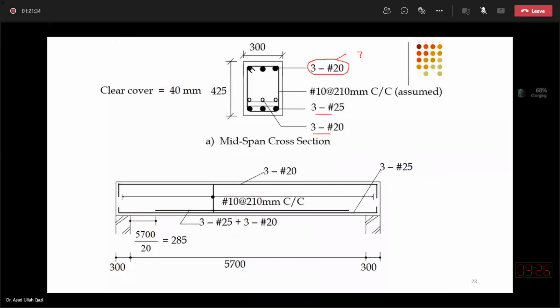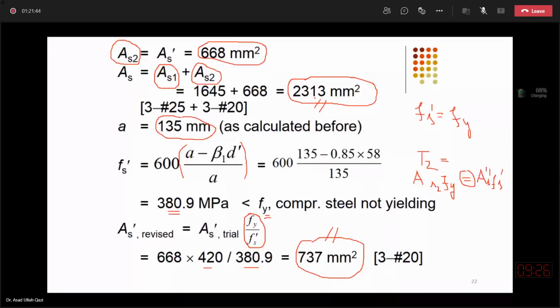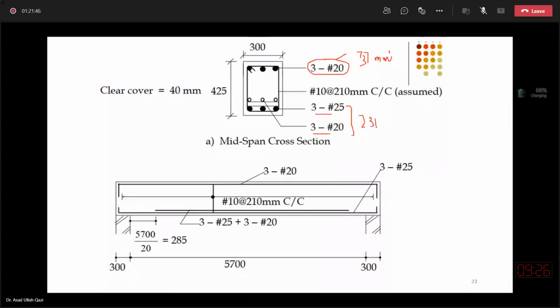On the tension side, you are not doing any correction. It is 2313. Obviously, when you consult the nominal bar tables, you will find that nominal areas may not be exactly equal to the theoretically calculated. You need to do a little round up. While doing round up, don't round up to a larger extent. Within 1 to 2%, try to finish the selection.